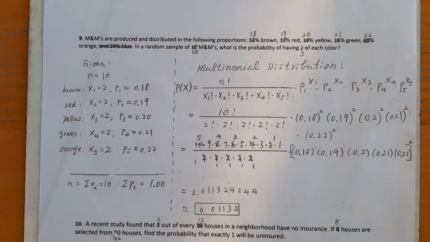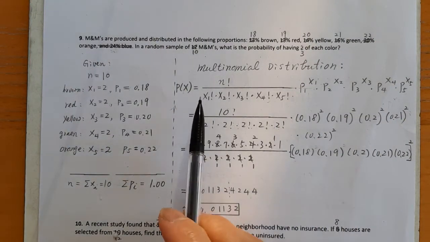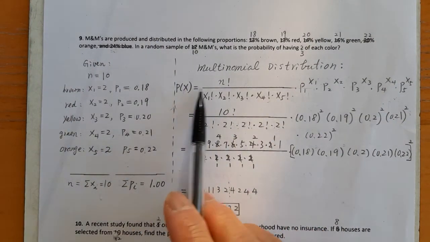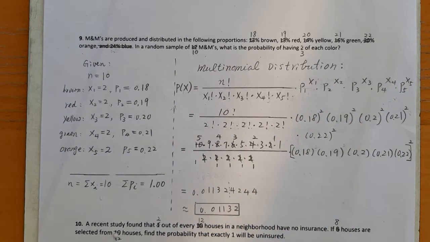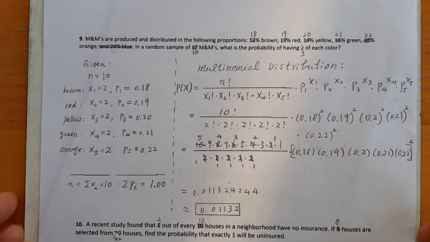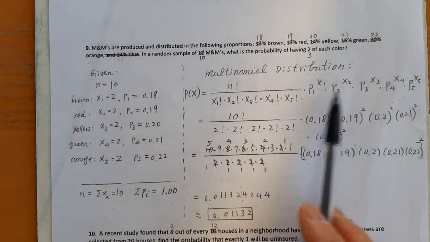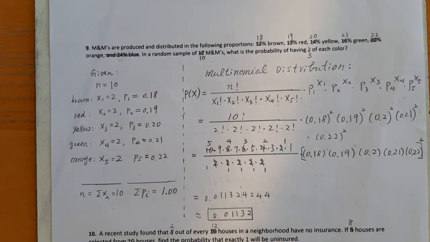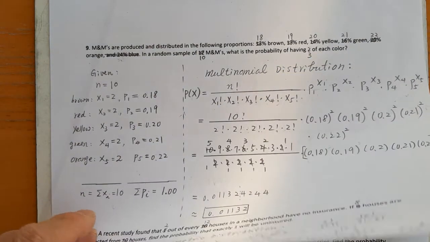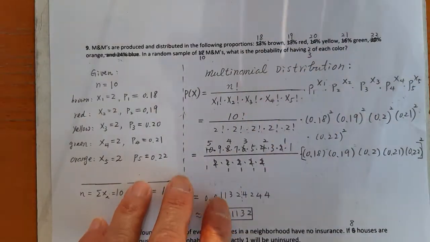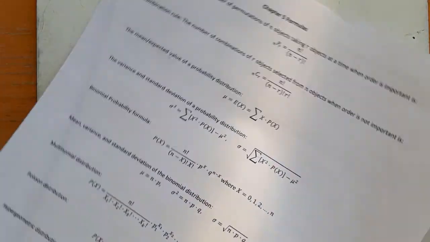For multinomial, the probability formula is this one, P of X. You can find this formula in your homework formula sheet on the back.